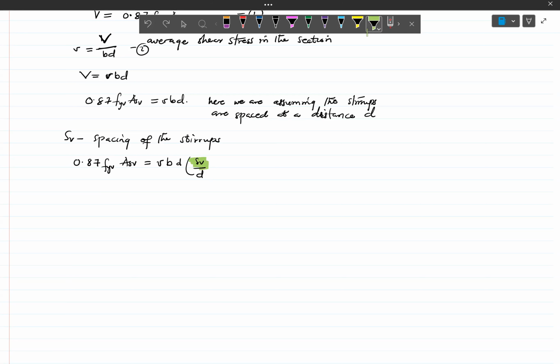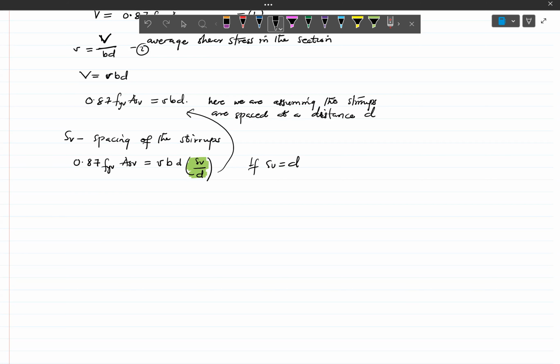So this SV over d is a ratio, right? And with this ratio, what it means is that if SV is equal to d, then this equation returns to what we have up there, because they'll cancel each other, right? So here we have the general equation for the stresses.